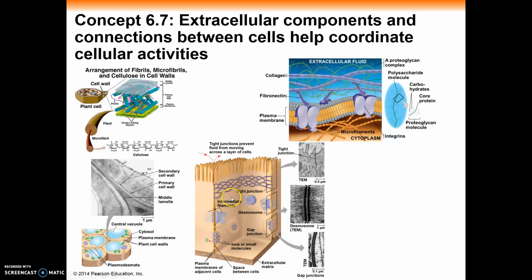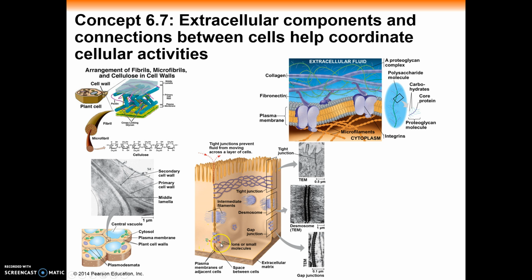Here we have an example of how our cells are linked together. We can have various tight junctions, which produce watertight seals, so things can't pass through. We have various things that connect to the cytoskeleton, linking cells together, making them strong.